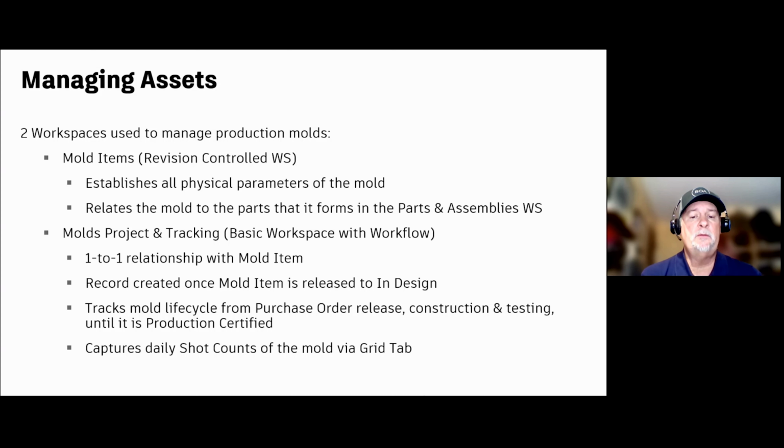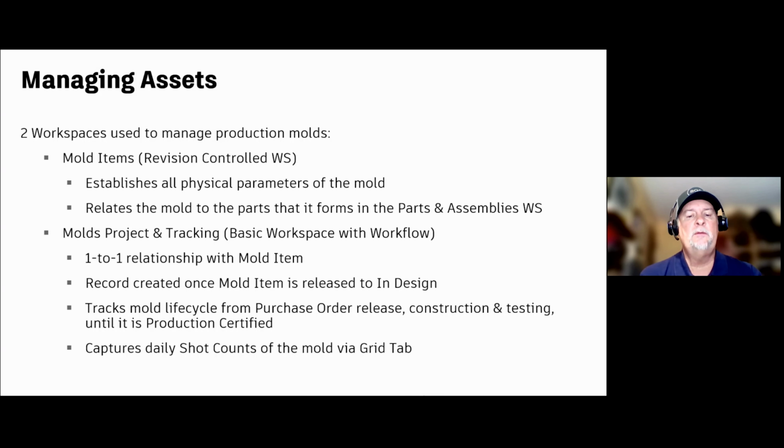With this workspace, we control the dimensions of the mold, the type of steel that is used, how many cavities, the physical properties that are driven by engineering drawings and 3D modeling, which in turn is driven by the part specifications and how we want that mold to run in a production line environment. We also use this Rev Control workspace to relate that mold to the part or parts that it builds. More on this later in the presentation.